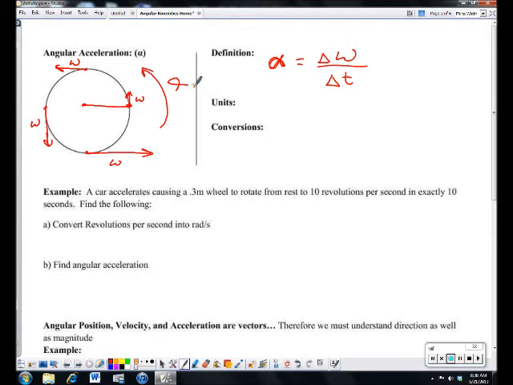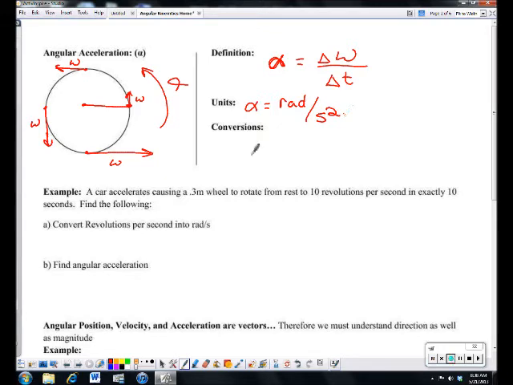So in this case, my angular acceleration is also counterclockwise. What are the units? Well, just like regular acceleration, units are going to be radians per second squared. Conversions, there's no real basis, no one ever says revolutions per second squared. That's kind of a strange thing, though you could.